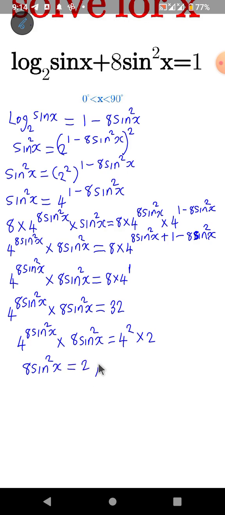Then from here I can say that sine square x is equal to 2 over 8, which is 1 over 4.